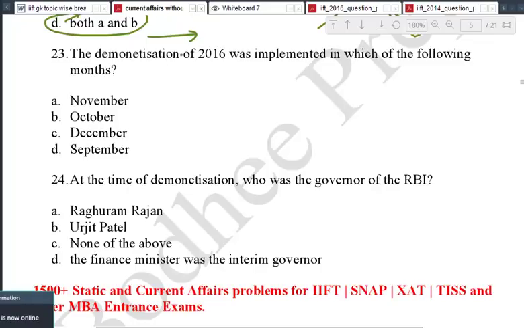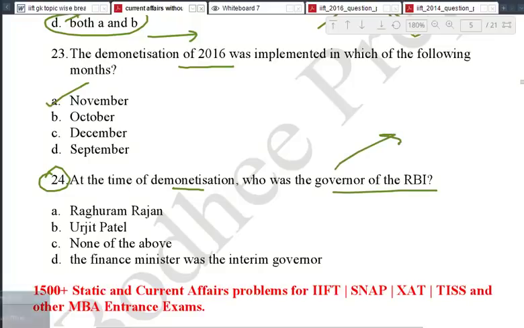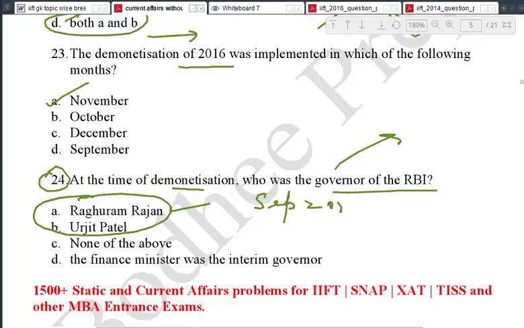The demonetization of 2016 was implemented in which of the following months? So straight away the answer is November. Right? 24th question. At the time of demonetization, who was the governor of the RBI? This kind of question you are likely to get wrong. Many of you would be confused between these two. Raghuram Rajan resigned in the month of September 2016, and I think on 4th September 2016, Urjit Patel took over as the new governor.